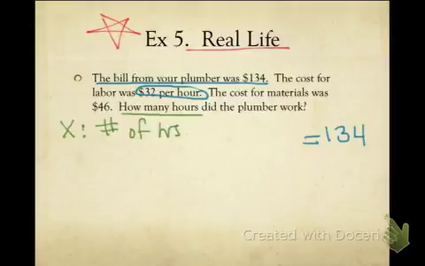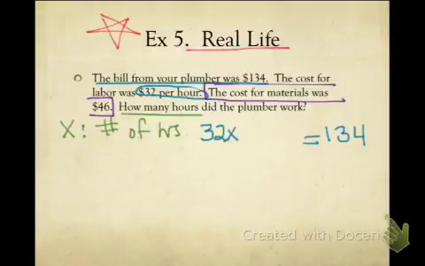So what we're looking for here is that that's a changing rate, and that's what's going to be attached to my X. It's $32 for how many hours he works. Cost times number. But now added to this, we have this other piece of information which says the cost of materials was $46.